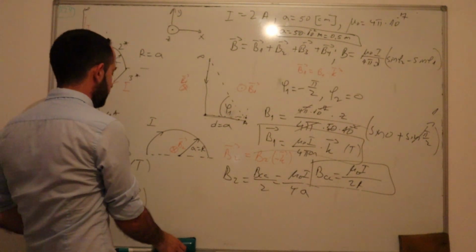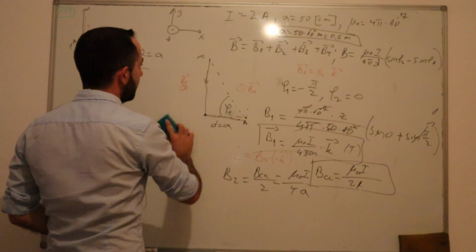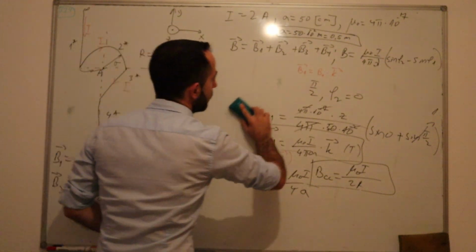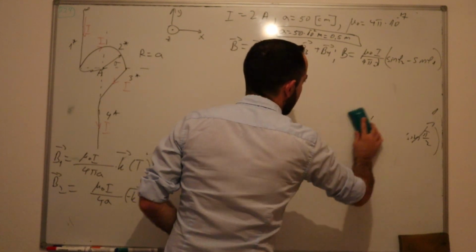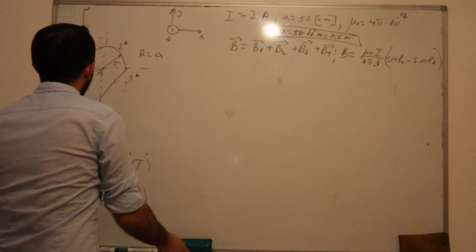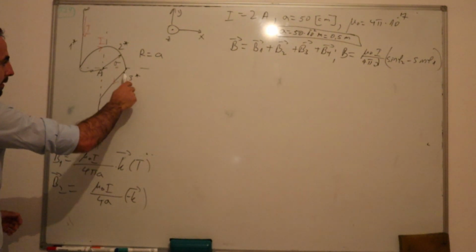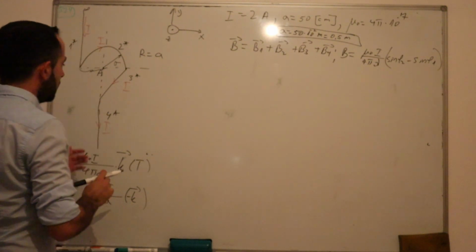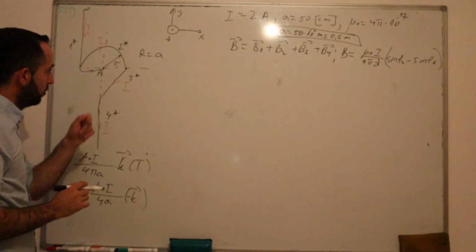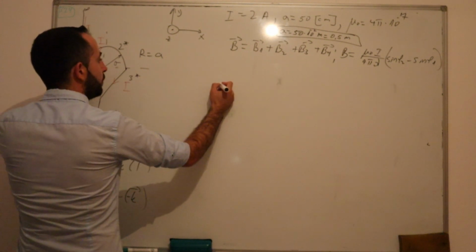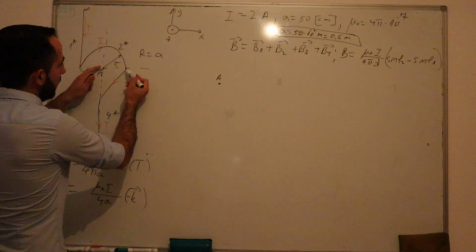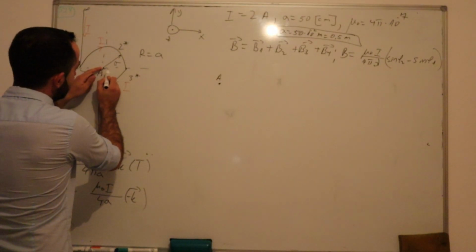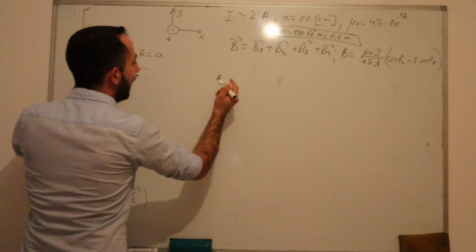Let's now determine B3. Our third case is this length, and it is very important to draw the geometry. So I have this point A, this is my point A. The conductor begins from a distance of l.